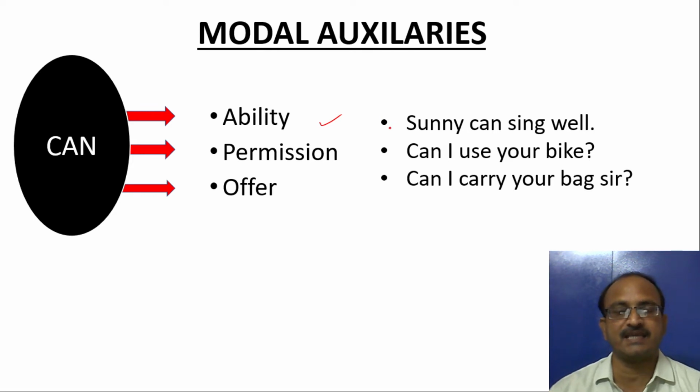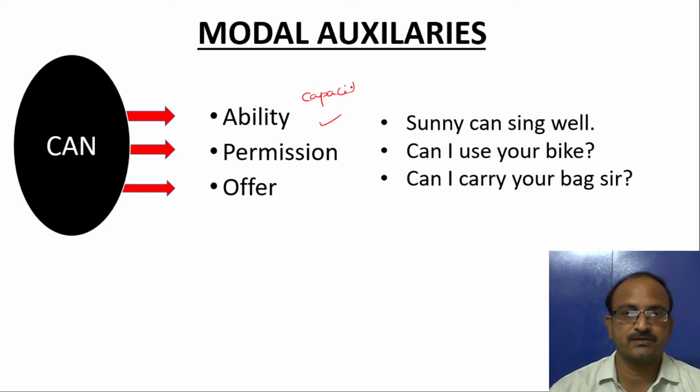Ability means capacity. For example, Sunny can sing well. I can speak English. This shows some ability. So we use can to tell our ability. This is the first usage of can.